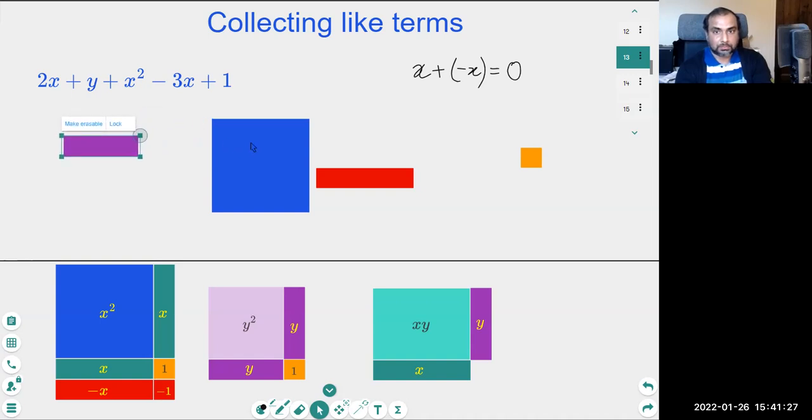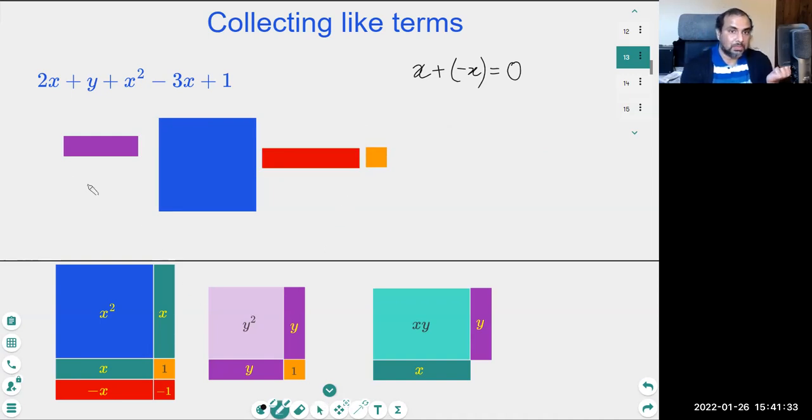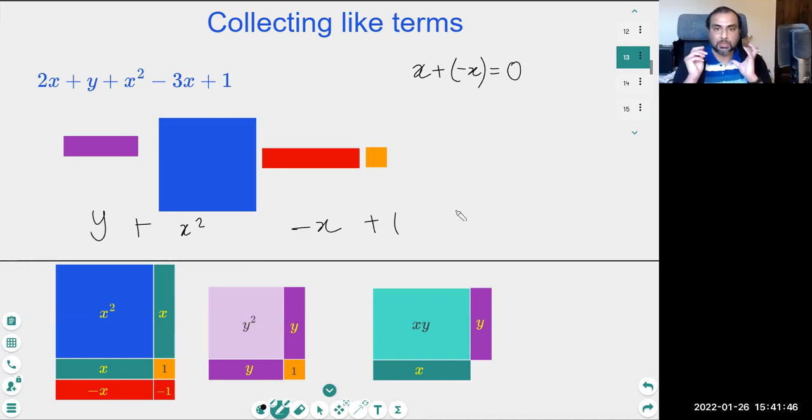So there's no other particle than anti-tile. So it has been simplified. This is a y, this is an x square, this is negative x, and then plus 1. So collecting like terms is also a really useful thing you can do with the tiles, because they are so visual and clear. And once you've done that with enough of the tiles, you can do them with pretty much any expression.